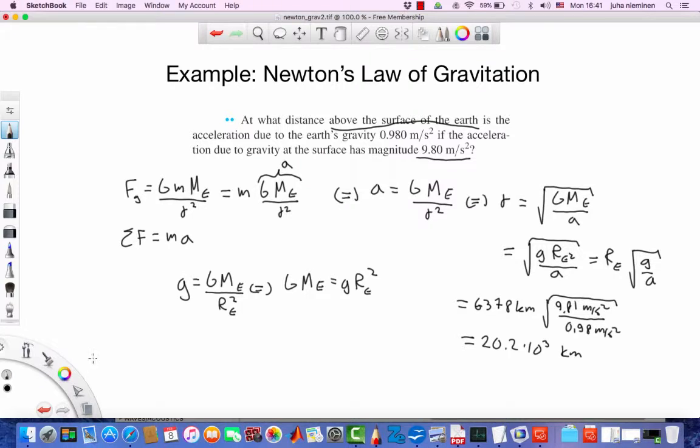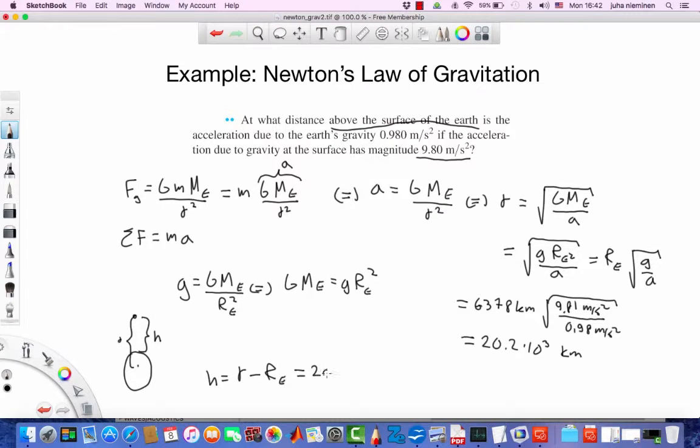But we have to be careful. This is just the distance from the center of the Earth, right here, and we want to know the altitude, h. So h is the radius we calculated minus the radius of Earth.